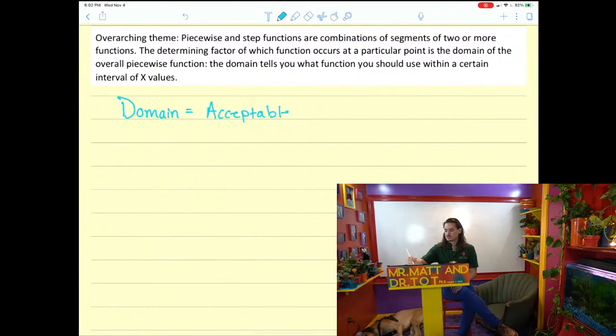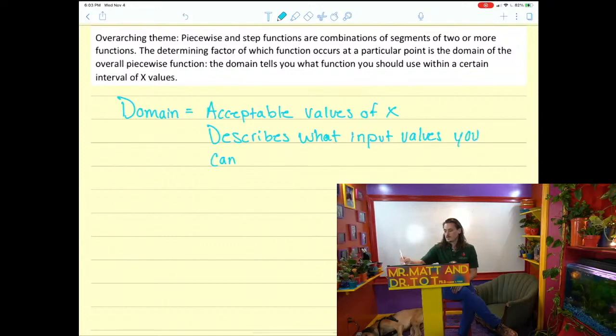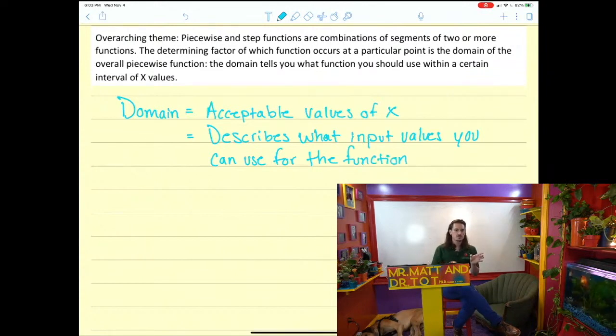In other words, it describes what input values you're allowed to use. And what we're going to see is that the result of this is you're going to have a whole bunch of different functions, like I said before, with particular sections of a function cut out and pasted next to another particular section of a different function.